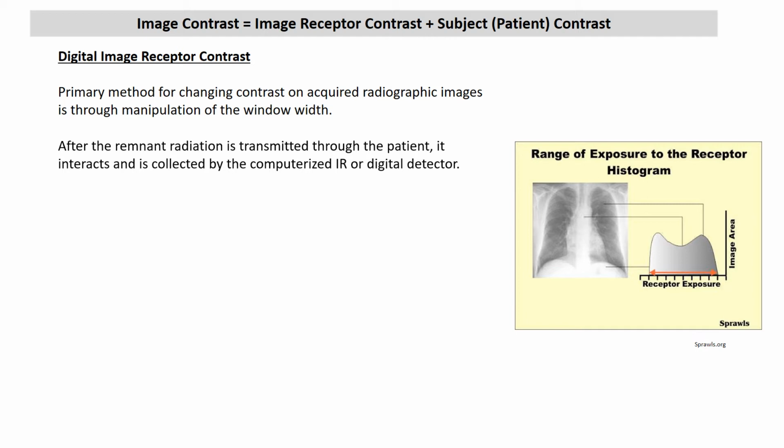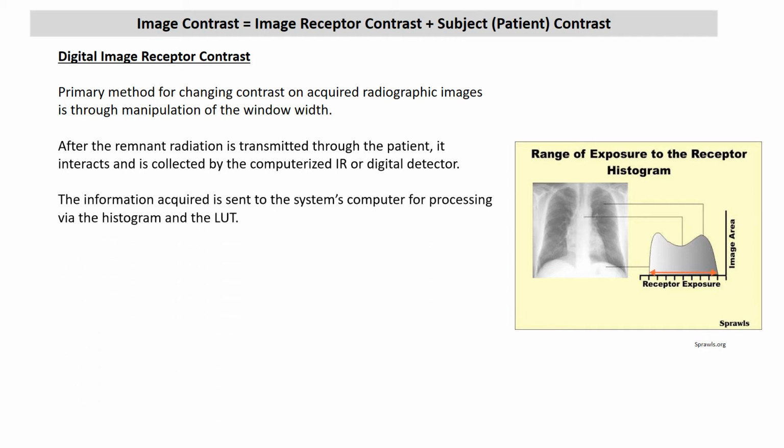More often digital detectors nowadays. We're kind of getting away from using CR, moving into that DR realm. The information acquired, so whatever radiation either strikes or doesn't strike the different elements of the detector or the IR, is then sent to the system's computer for processing.